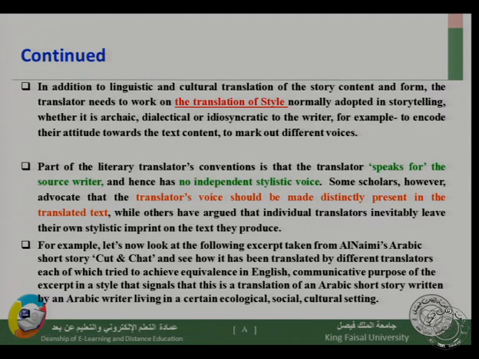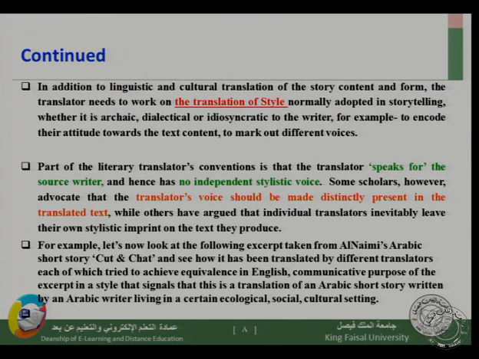Now, it's not only when you are translating a short story, it's not only translating the linguistic aspect of it. It's not only translating the cultural aspect of the story. It's not only translating the content and the form of the short story.